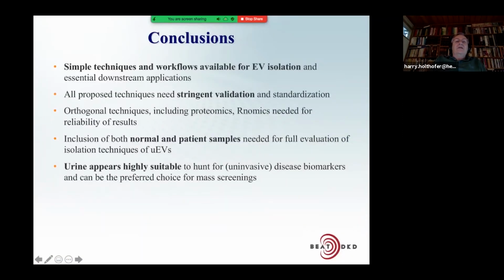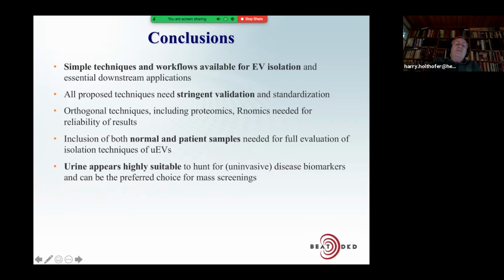So in conclusion, simple techniques and workflows are available for EV isolation and for essential downstream applications. The techniques, however, always need stringent validation and standardization. And orthogonal techniques, including proteomics, genomics, are needed for reliability of results in each of these studies.